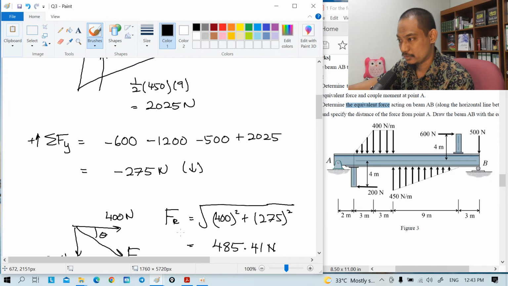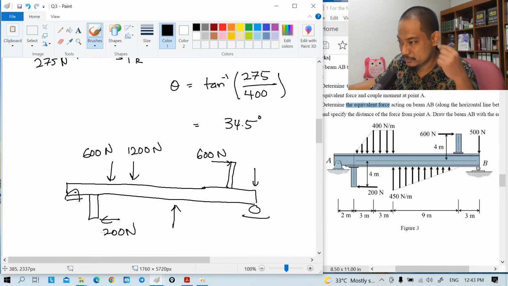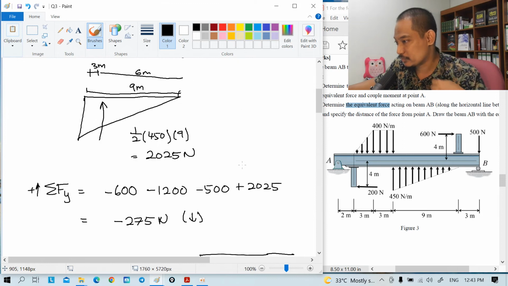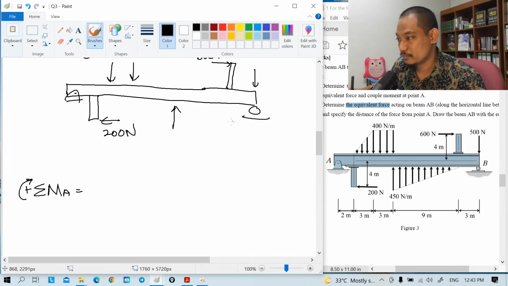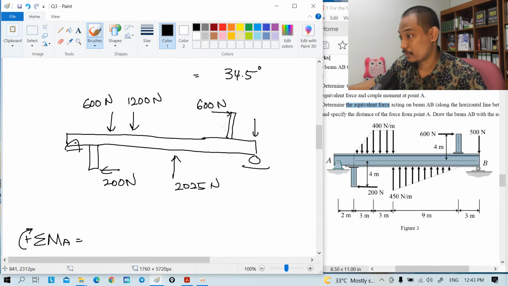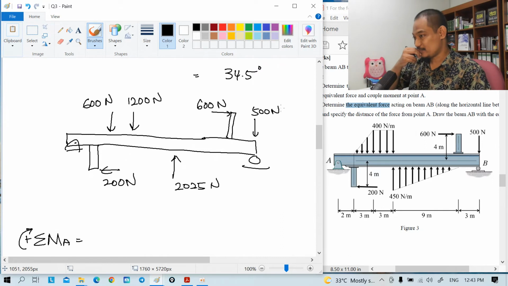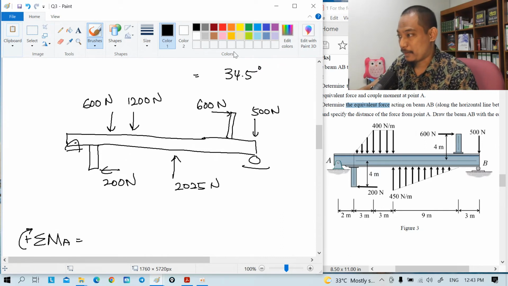Where is it? Oh, here, right? 2025. And this is 500 Newton. Now, the distance, right? So, okay, this is 4.